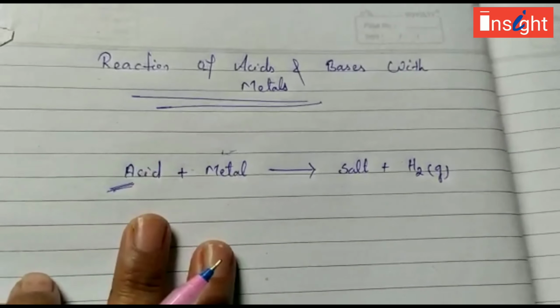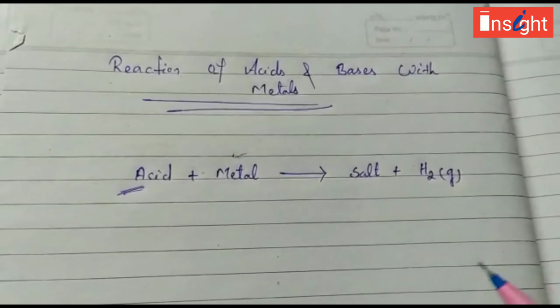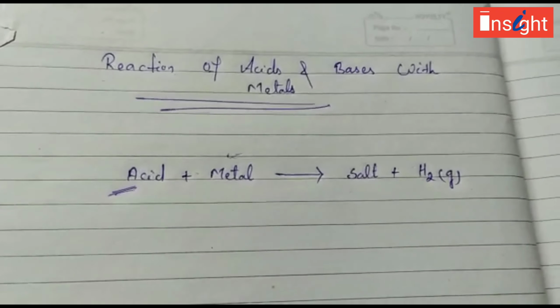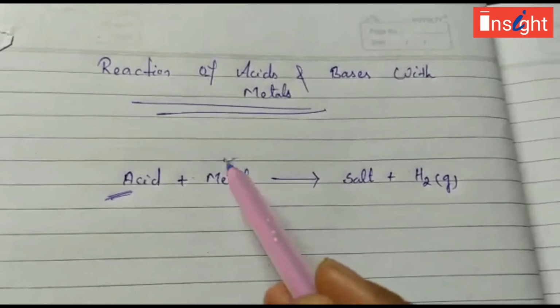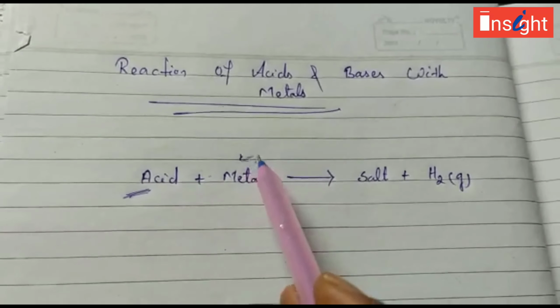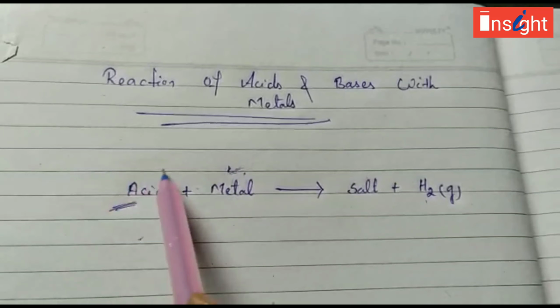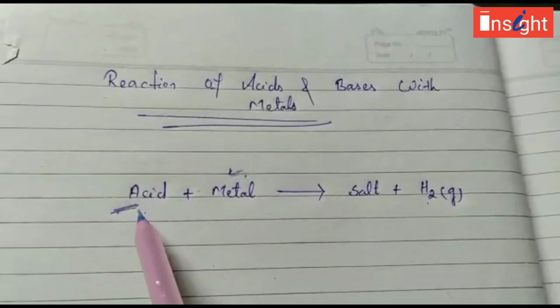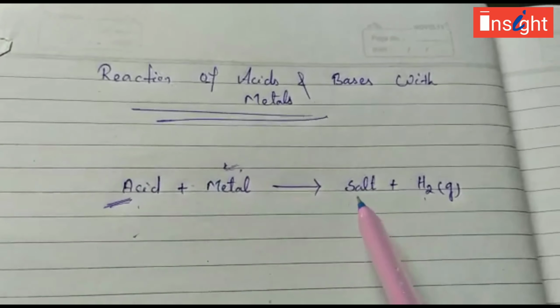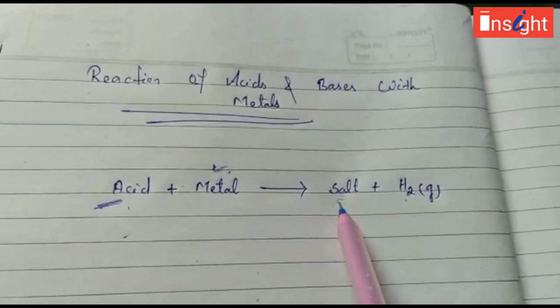We know that in all the acids hydrogen is there, like HCl, H2SO4, HNO3. So the metal that reacts with the acid displaces the hydrogen from the acid, and with whatever remaining part is present, it reacts to give a compound that is called salt.